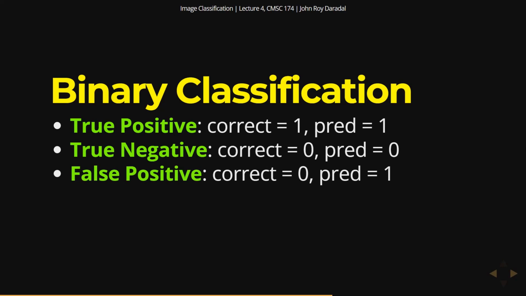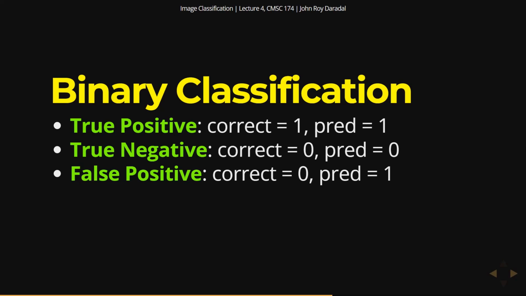But there are also false positives. False positives occur when the correct answer is supposed to be 0 or negative, but then you predicted it to be positive. So that is a wrong positive prediction. So it's a false positive. You have probably encountered this with COVID testing or pregnancy testing, right?